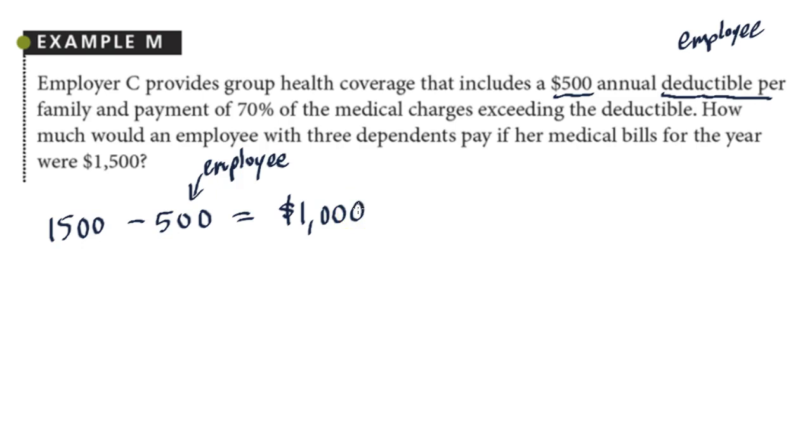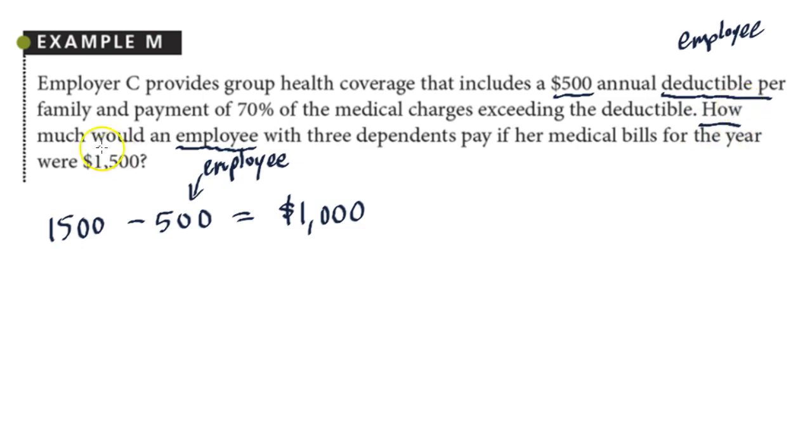And the remaining amount is known as the co-insurance. Typically, it's known as the co-insurance. So it says here that the health insurance plan covers 70% of the remaining amount after the deductible. Again, we're interested in determining how much the employee would pay.